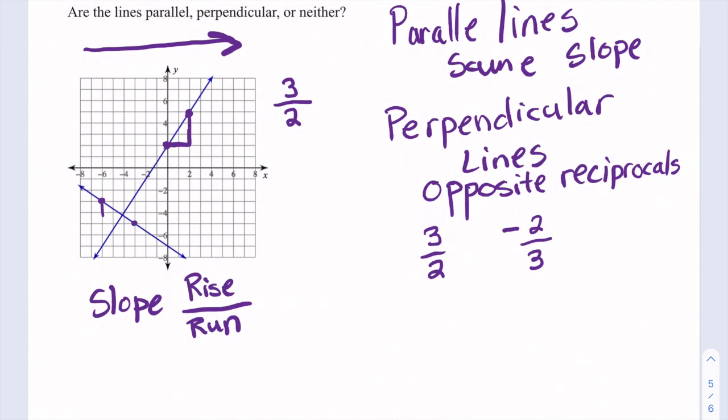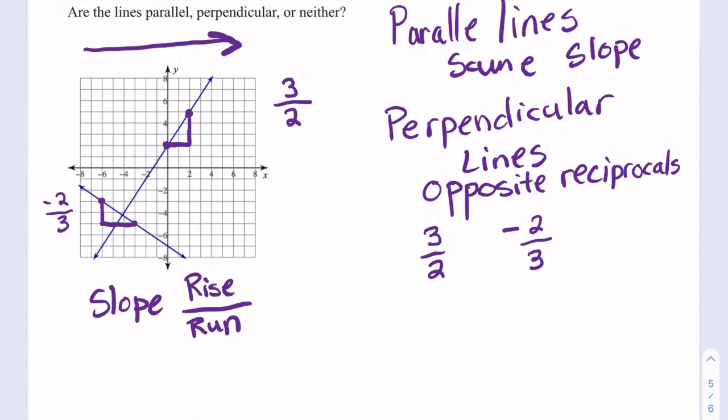And I'm going to form my triangle again. And my triangle, this time here on this line that I'm looking at, it is going down 2 over 3.